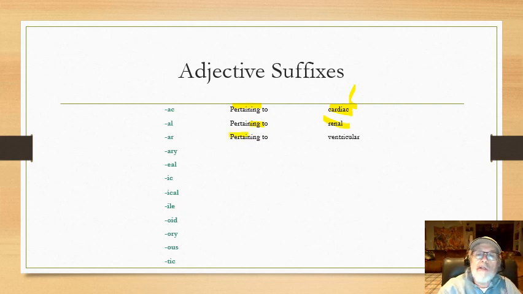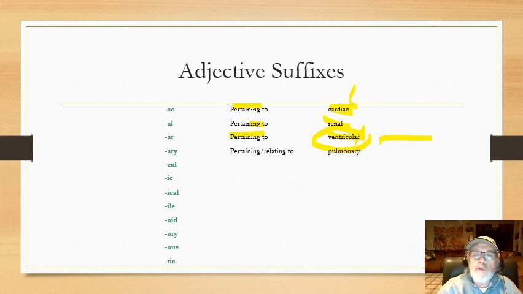AR, pertaining to: ventricular. Sometimes after a heart attack, the wall of the muscle never comes back. The muscle actually dies and is replaced by a dense scar. Sometimes that scar creates a little bulging, which is called an aneurysm. So a ventricular aneurysm would be a bulging of the bottom part of the heart, and aneurysm would be the noun, ventricular would be the type that makes it an adjective, with that AR as an adjective suffix.